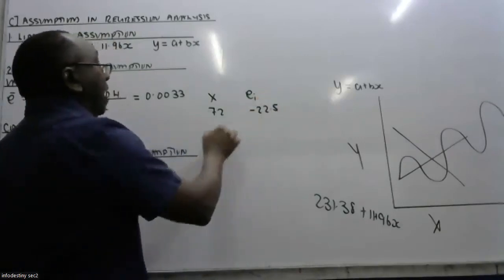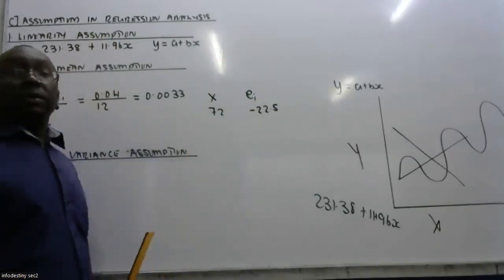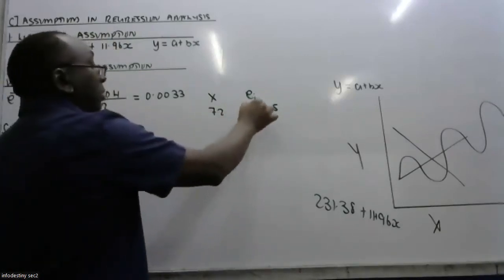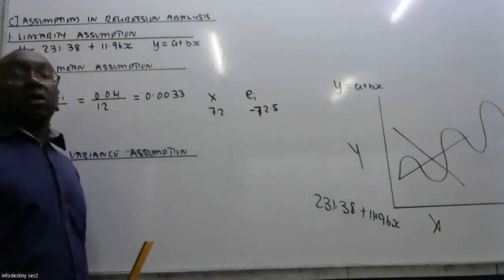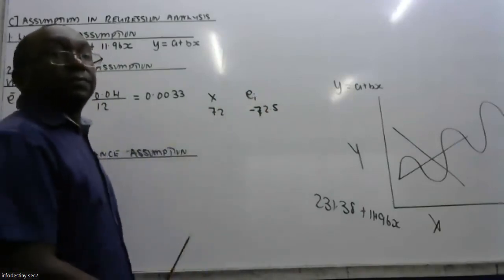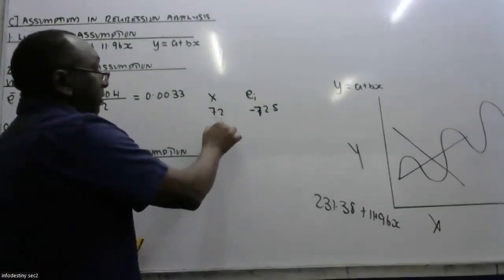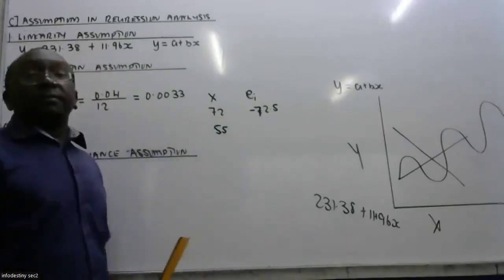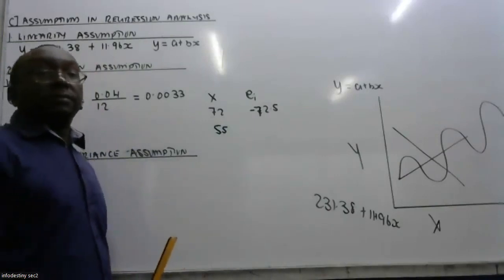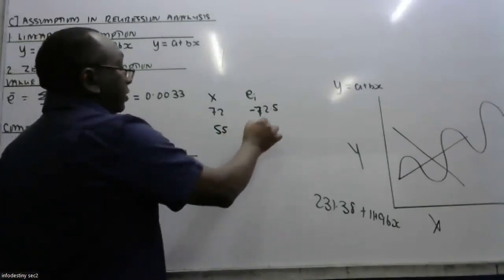The second value of X, 55. We submit the error term, negative 69.18.